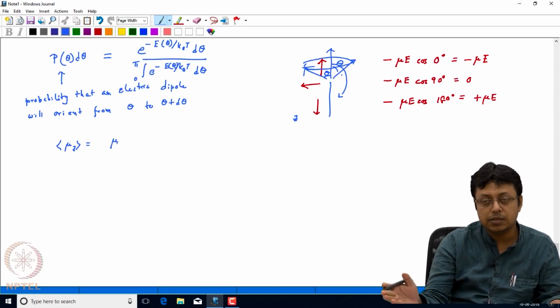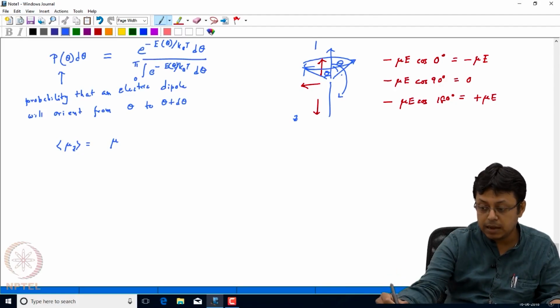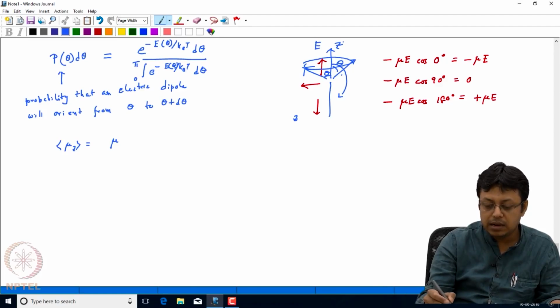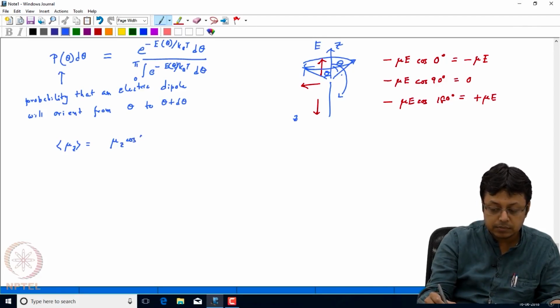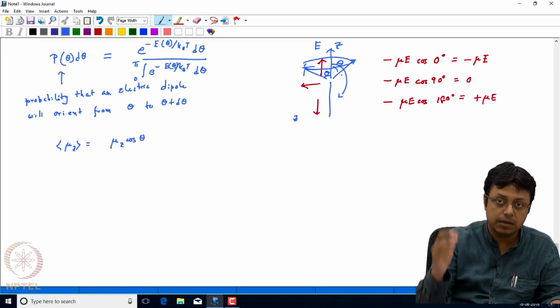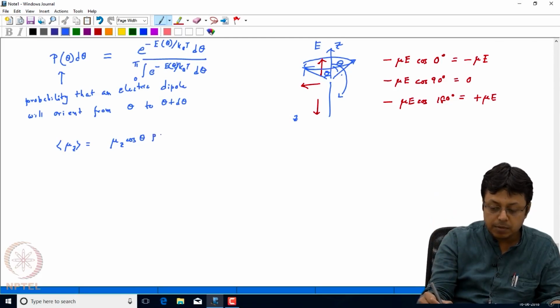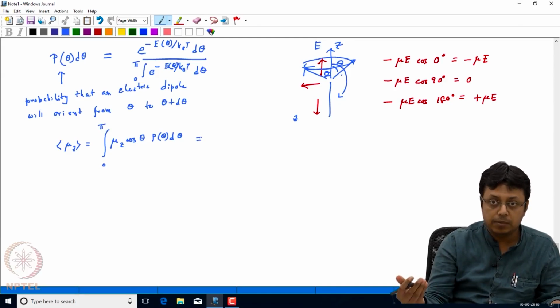If the dipole has an orientation theta with respect to the electric field applied along this z axis, then I should write it as mu cos theta, the component of the dipole moment, times the probability distribution p theta d theta, and then I have to integrate over all possible angles, which is 0 to pi, to get the average value of mu z.